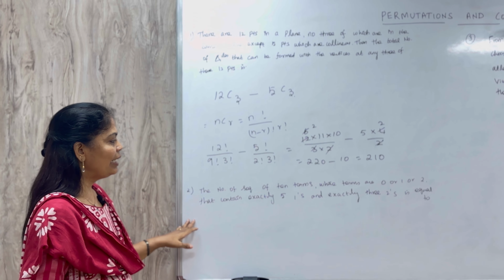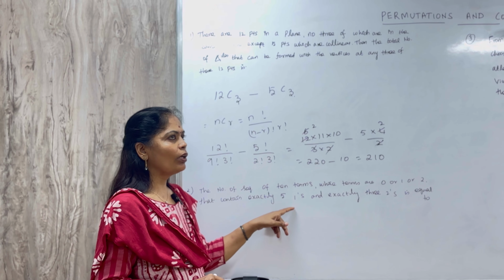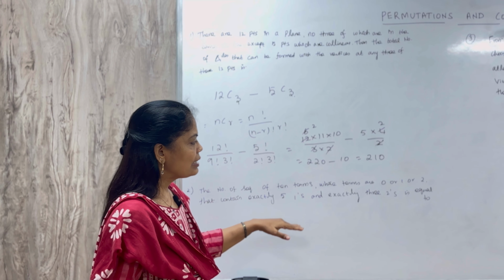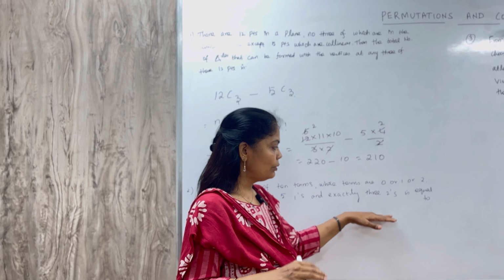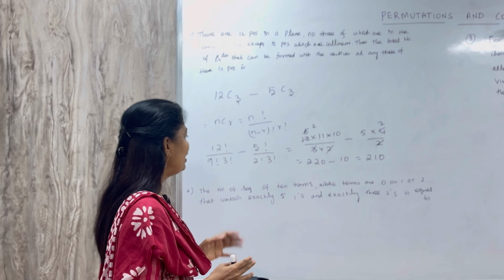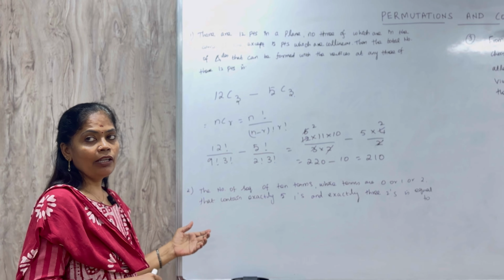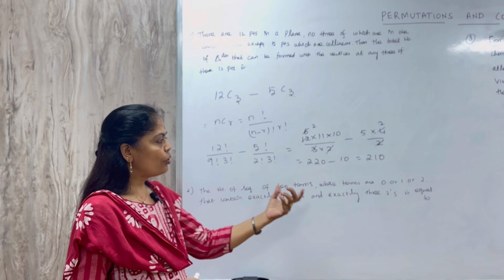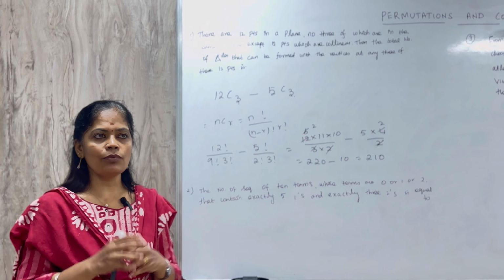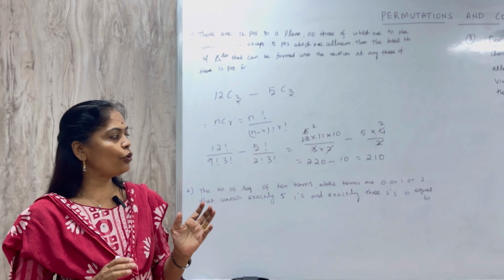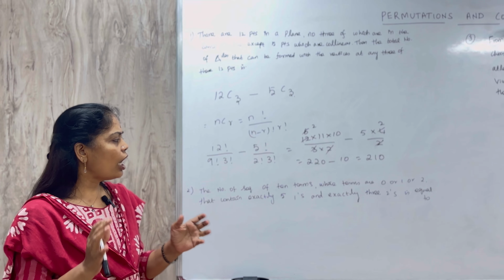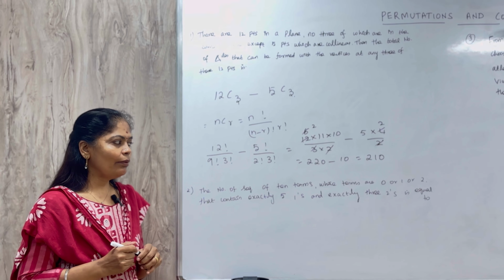That contain exactly 5 ones, so 1 is coming 5 times, and exactly 3 twos, so 2 is coming 3 times. How many sequences can be framed using 0, 1 and 2? That sequence must contain 10 terms, but the term should be 0 or 1 or 2. Only the 3 elements should be there.